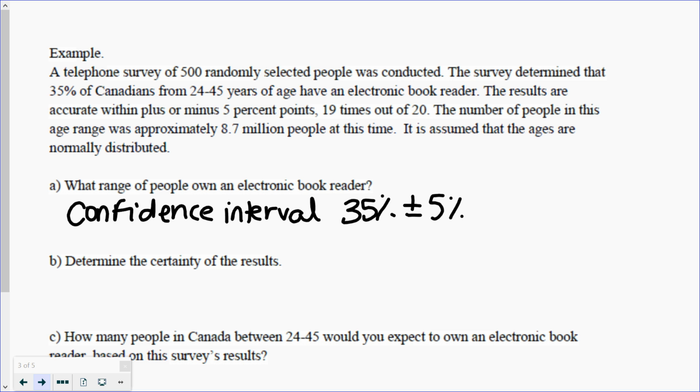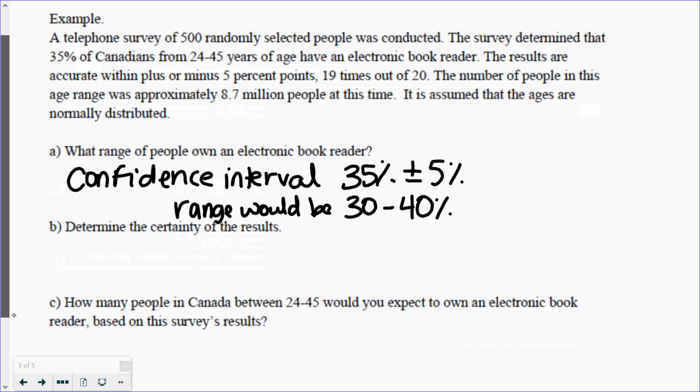So 35 minus 5% is 30, 35 plus 5% is 40. So the range would be 30 to 40% of people in that age range.